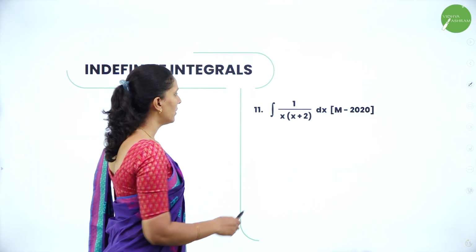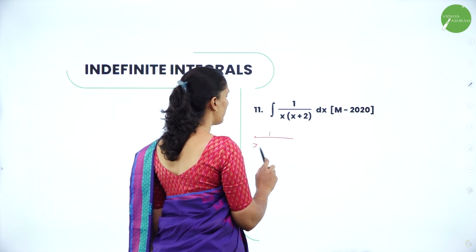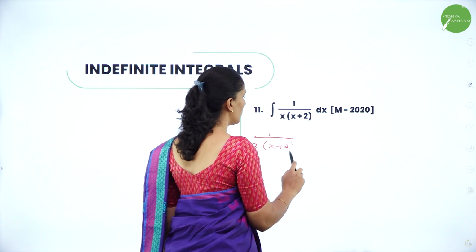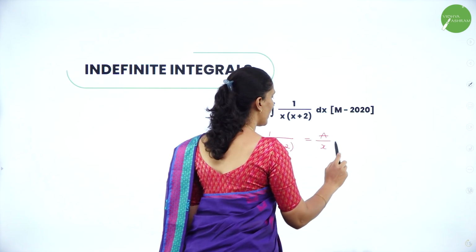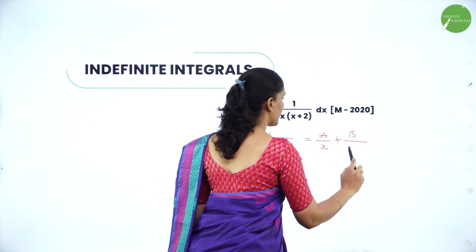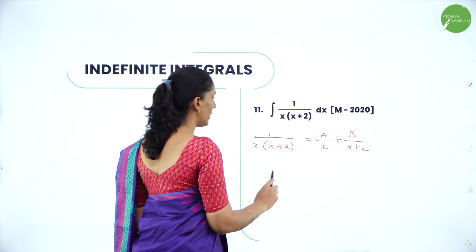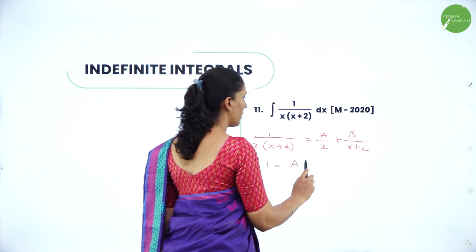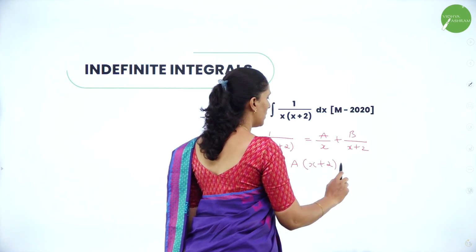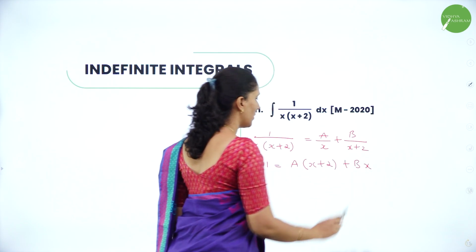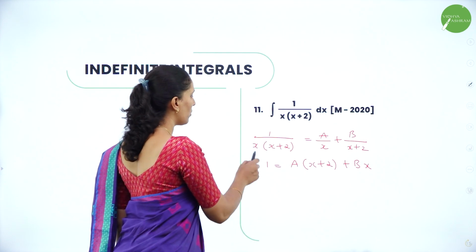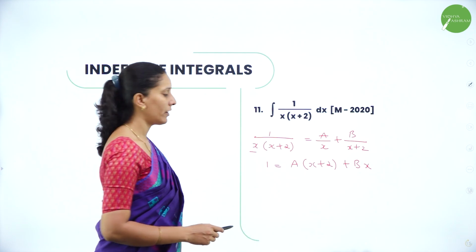Next we have a rational function, 1 divided by x into x plus 2. We can take this as a by x plus b by x plus 2. So now here we will get 1 in the form of a into x plus 2 plus b into x. If you take x as 0, because we have a factor x here, let's equate it to 0.